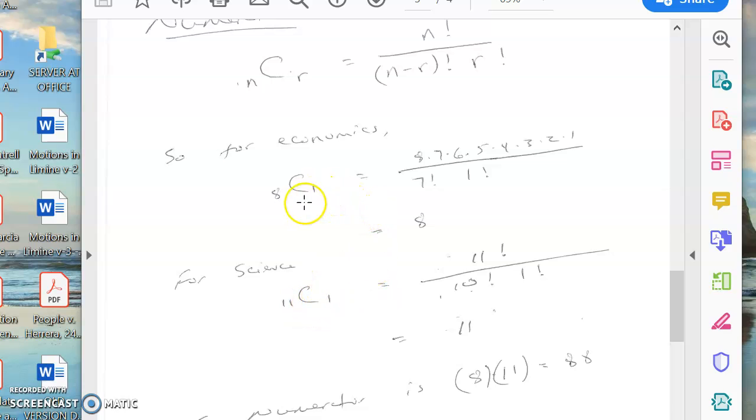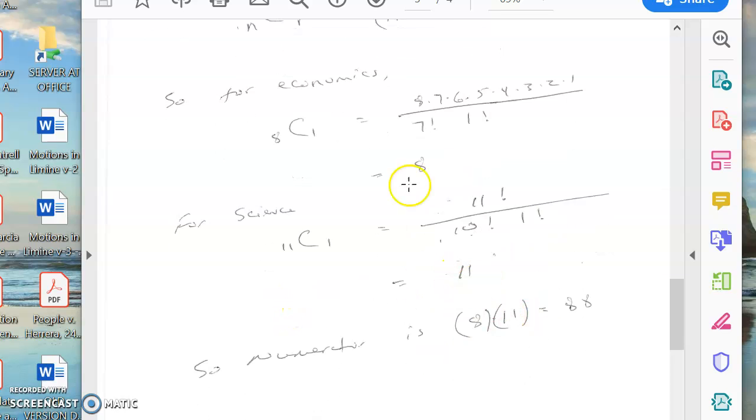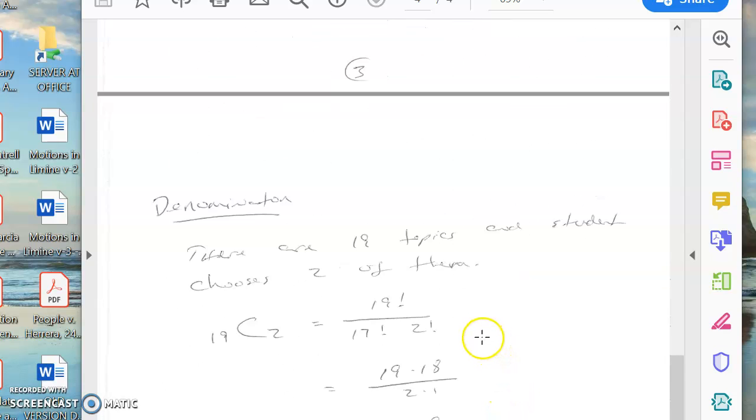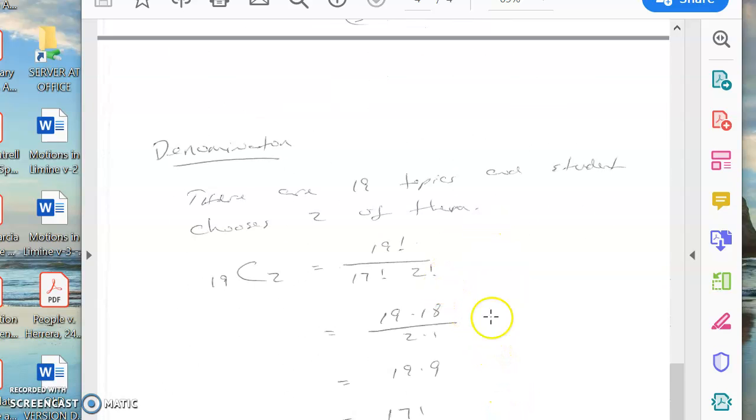Okay, so you have 8 choose 1 for economics, 11 choose 1 for science. Those are independent events, so you multiply them out, so it's 8 times 11. That's the numerator.